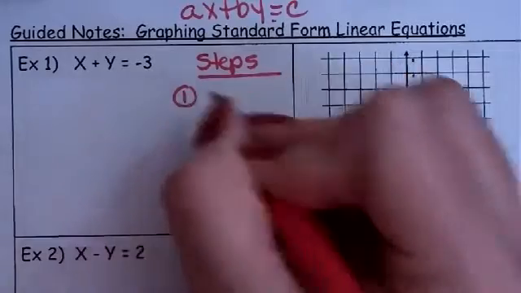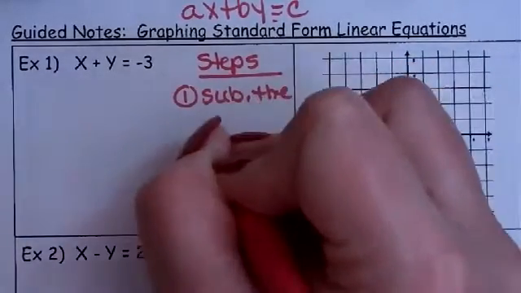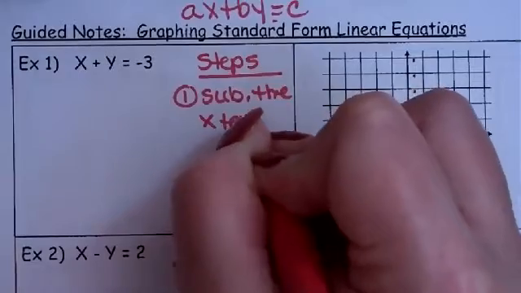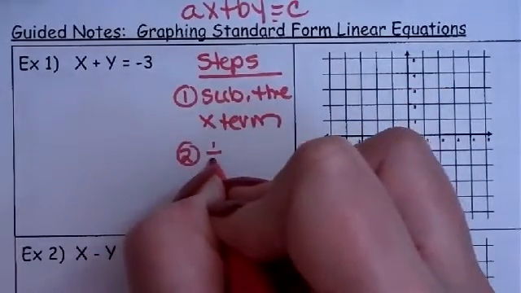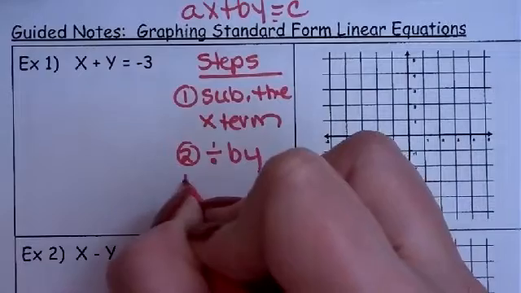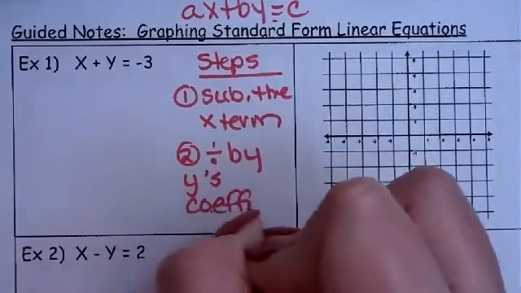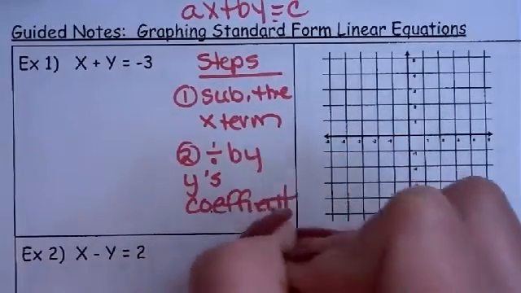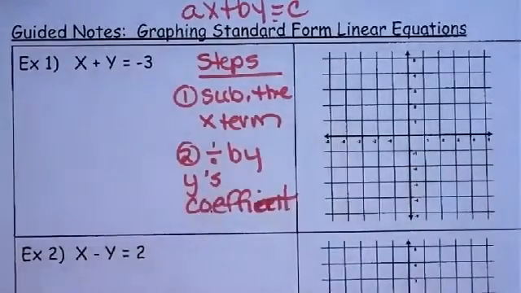The first step is to subtract the x term, okay? The second step is to divide by y's coefficient. I just totally misspelled coefficient and blocked that up, but you know what I'm talking about, okay?